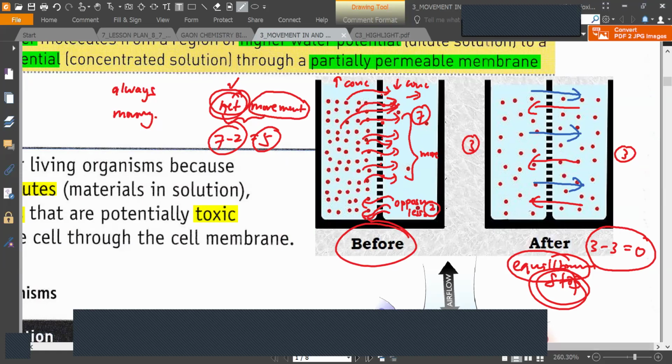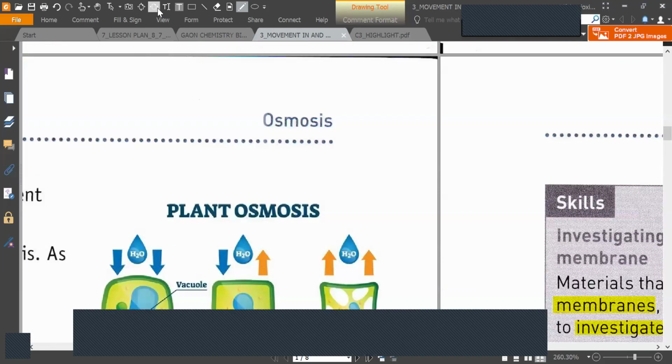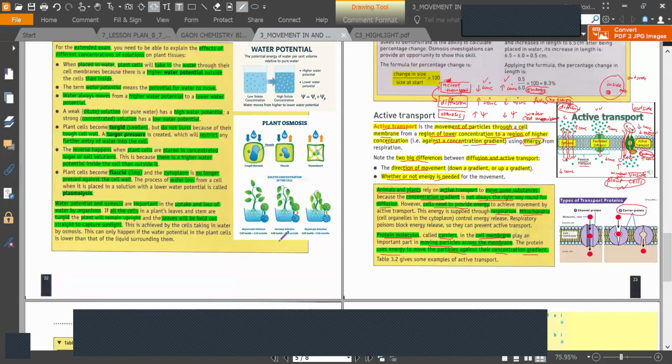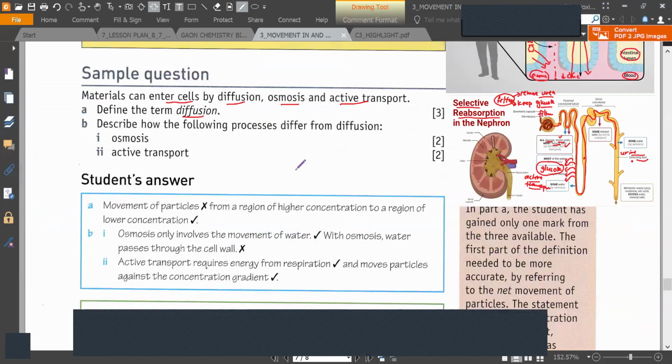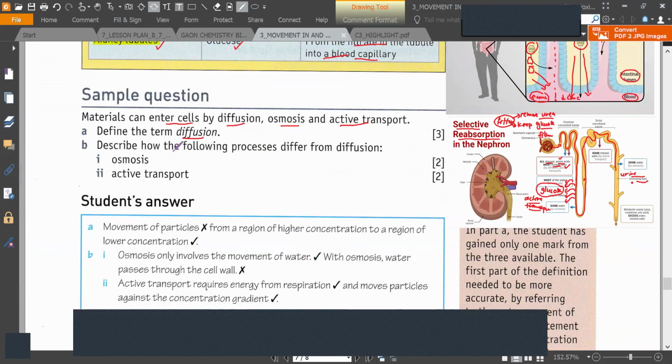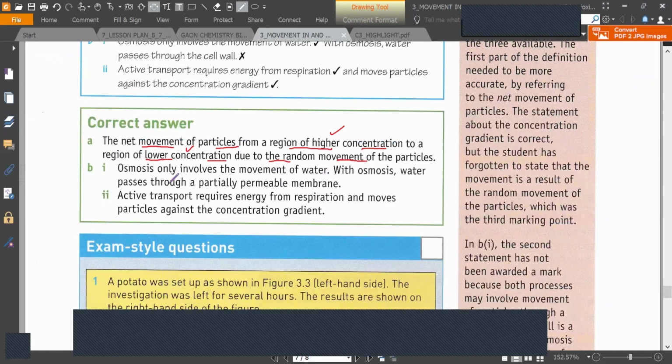Coming back to our question. So this is what we mean by net movement. Next, describe how the following processes differ from diffusion. How is osmosis different from diffusion? How does active transport differ from diffusion? For osmosis, we are only talking about water, and for osmosis to happen, we need a partially permeable membrane.